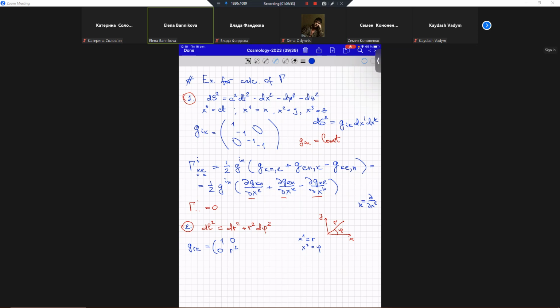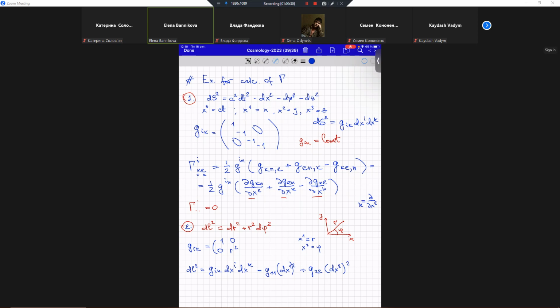Because again, look, we consider that dl square we can consider as g_{ik} dx^i dx^k. So for this two-dimensional case, we have the diagonal components as g_{11} dx^1 squared plus g_{22} dx^2 squared.